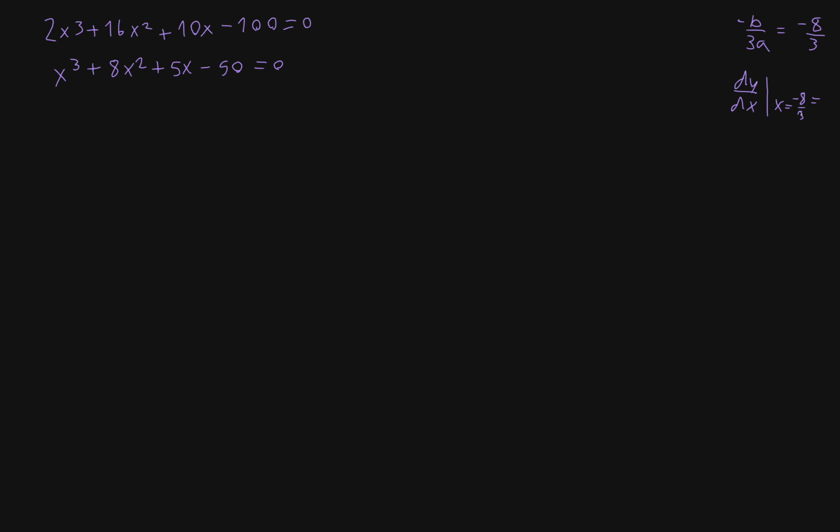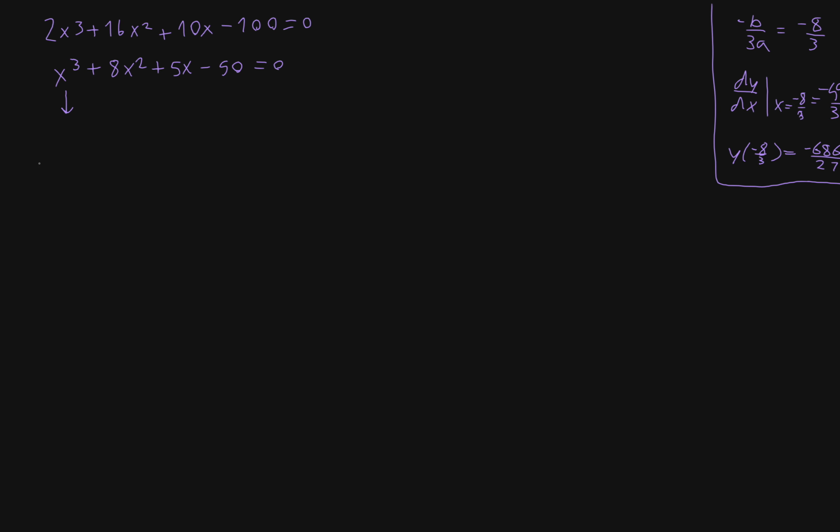This is going to be negative 49 over 3. And then y at negative 8 over 3 is going to be negative 686 over 27. Alright, so we're going to use those here.